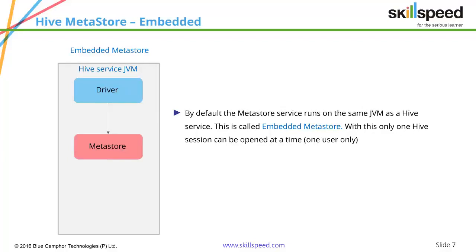The problem with the embedded Metastore is that since Derby is a single instance database, it will allow only one user to log in at any given point of time. Meaning, if you are using the embedded Metastore of Hive, only one user login is allowed at a time. You cannot have multiple people logging in.